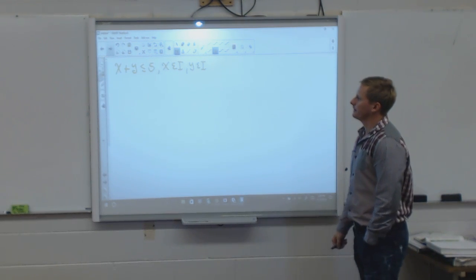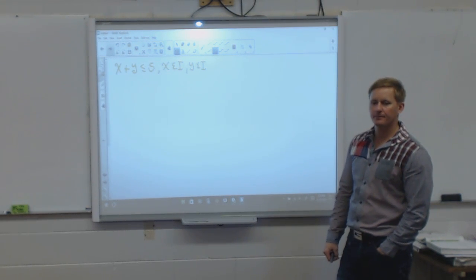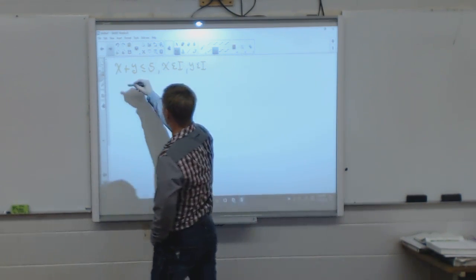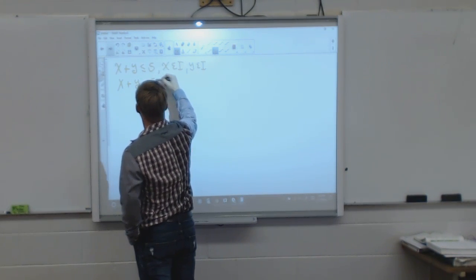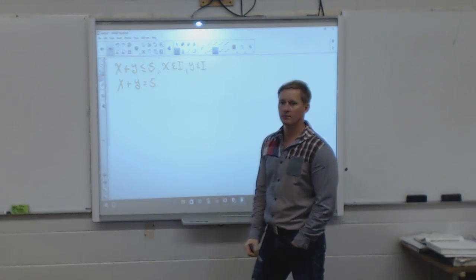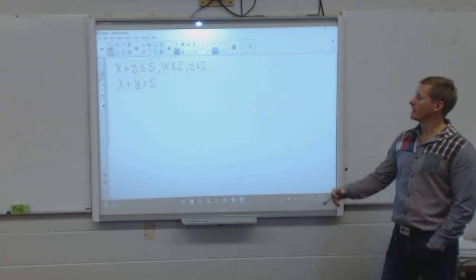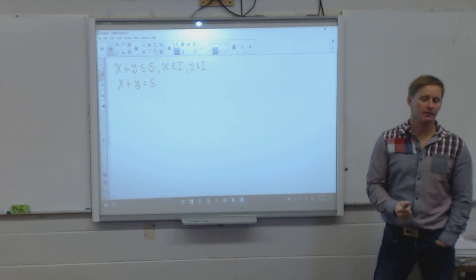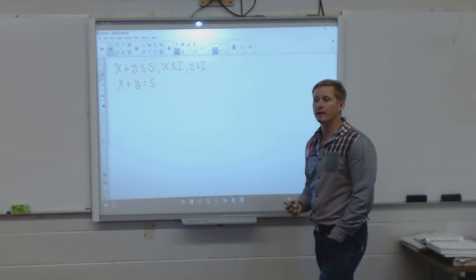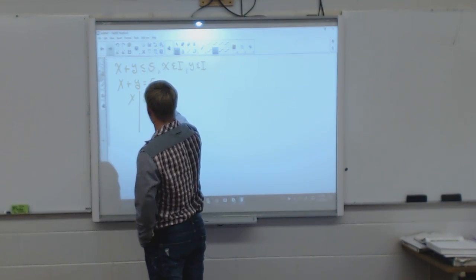All right. First step in graphing this is to do what? Change it into an equality. X plus y equals 5. Okay? Just because I used the y equals mx plus b on the last one, I'm going to do something different. I'm going to use my intercepts this time. So I'm going to create myself a little table.